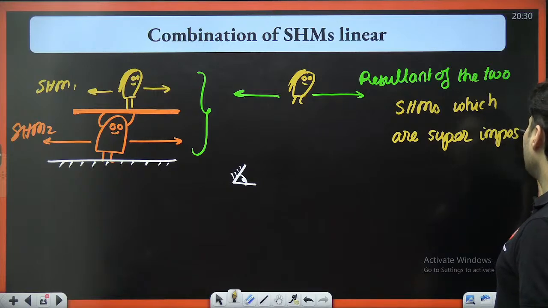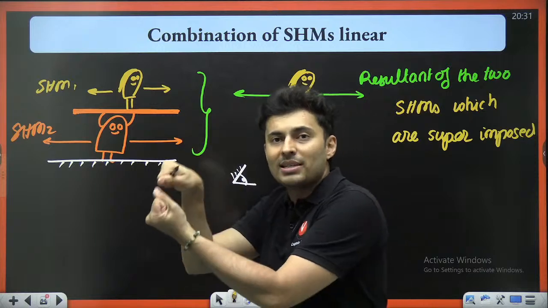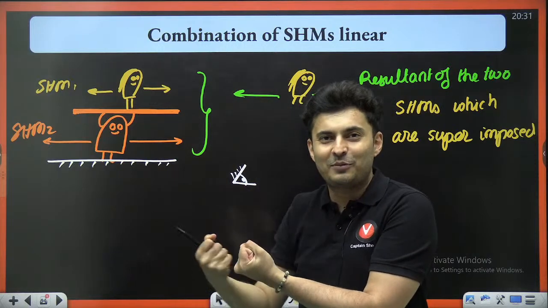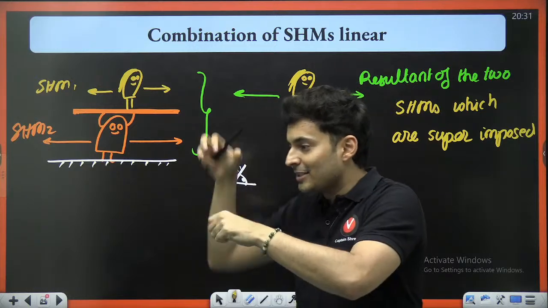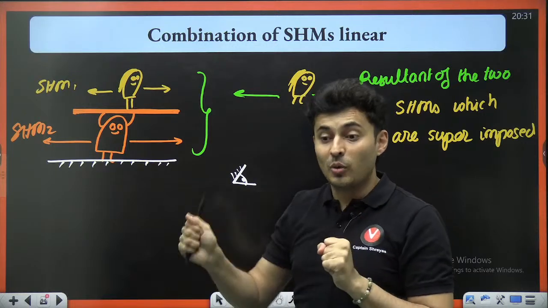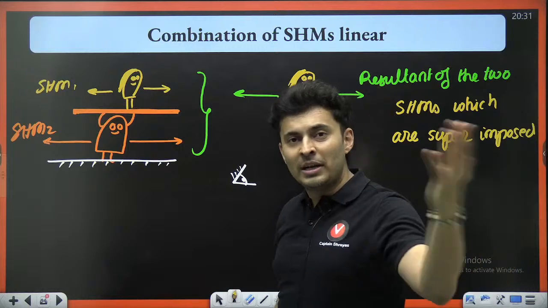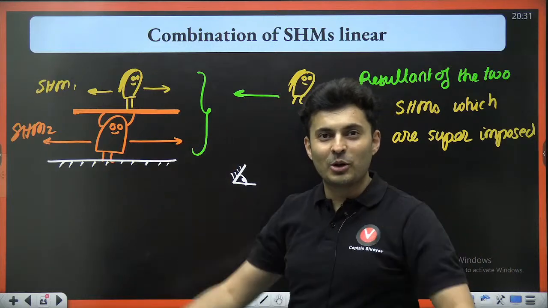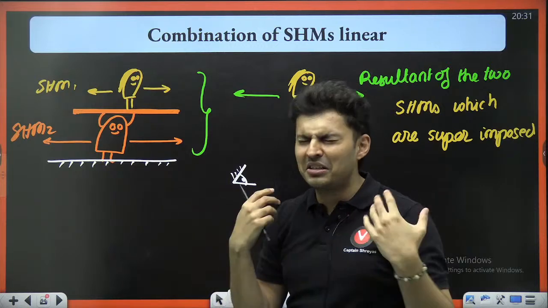What is the meaning of the word superimposed? You are adding Pandu's effects also and Champa's effects also. You want both the effects together. That is the meaning of superimposed. Sometimes you get one scolding from mom and a scolding from your dad. Both the scoldings get superimposed and you get nicely bashed.